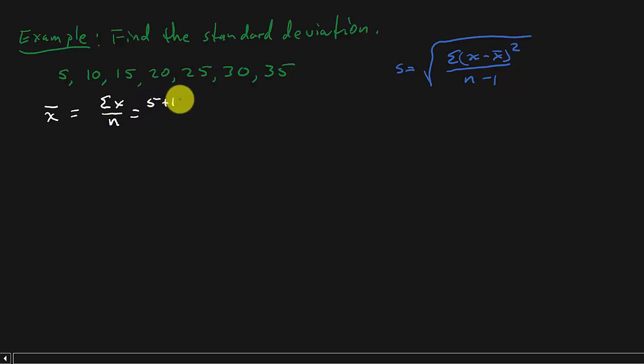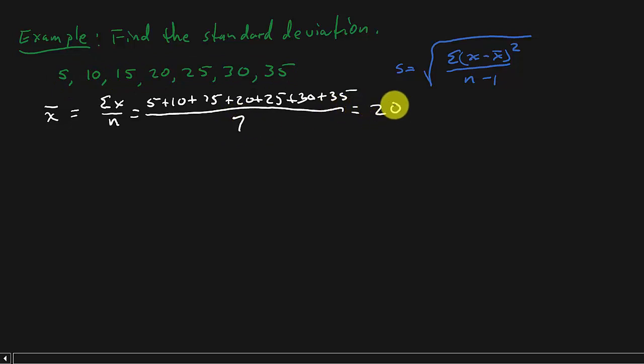So that's 5 plus 10 plus 15 plus 20 plus 25 plus 30 plus 35. All that over how many data values do we have? 1, 2, 3, 4, 5, 6, 7, divided by 7. And that ends up being 20. So there's our mean.